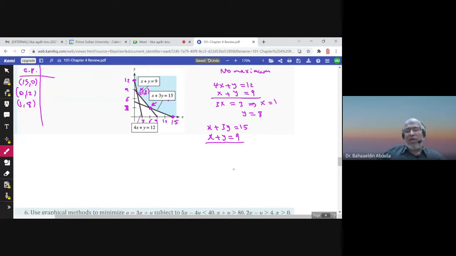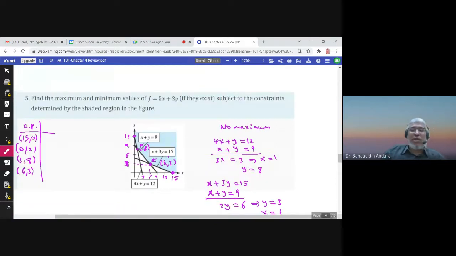And also we can subtract easily, x minus x 0, 3y minus y is 2y, and 15 minus 9 is 6. So y is 3, and if you put it in the second equation, x would be 6. So this point has coordinates 6 and 3, and also it seems correct. So 6 and 3 is the last corner point.